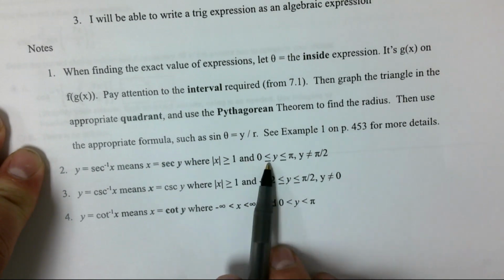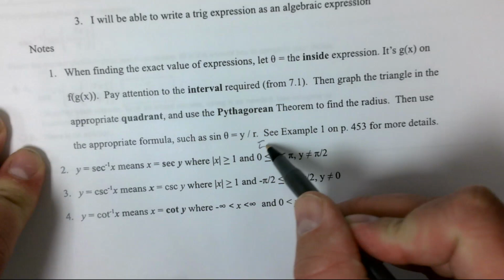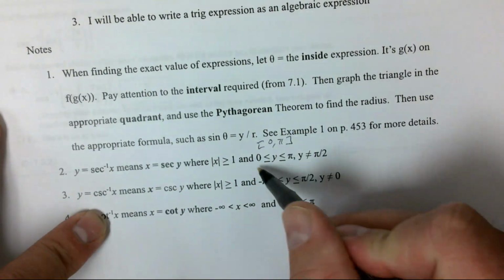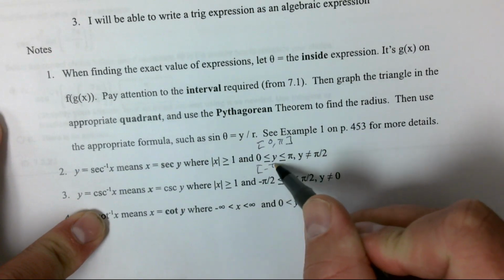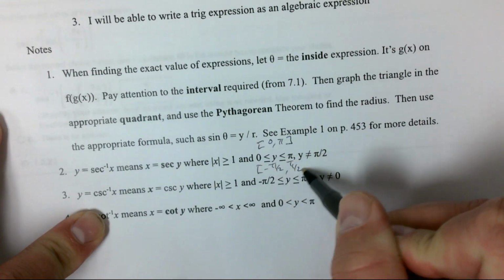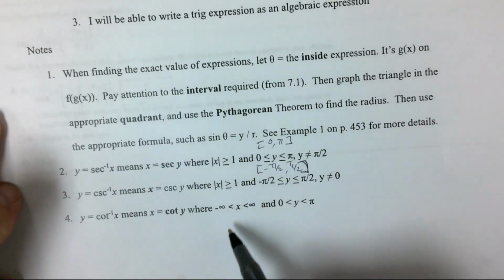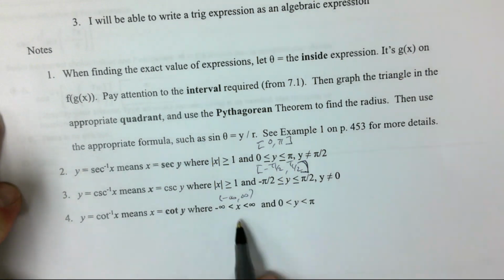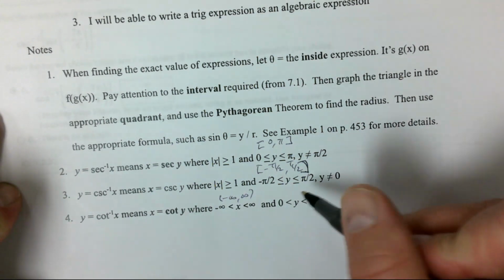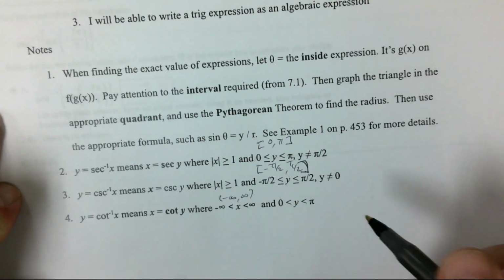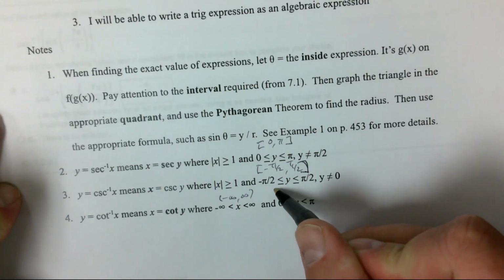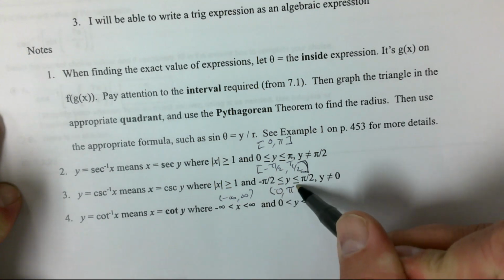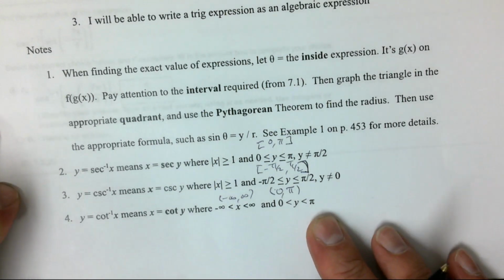It's defined from 0 to pi for y, and then this one is from negative pi halves to pi halves. And this one's negative infinity to infinity with parentheses for x. And then 0 pi with parentheses for that one. So here are your things.